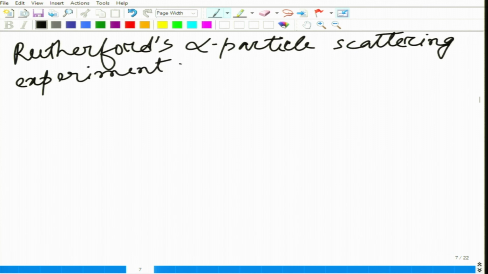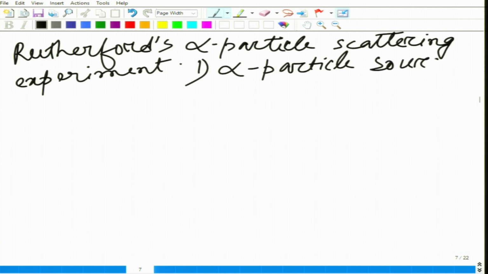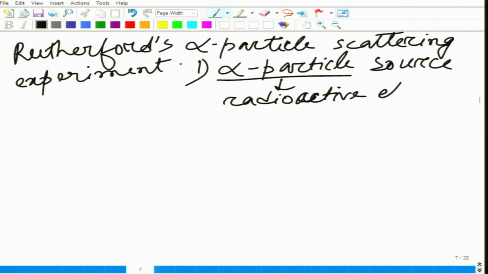Okay, so here he had taken first of all an alpha particle source. So what can be an alpha particle source? Radioactive elements.